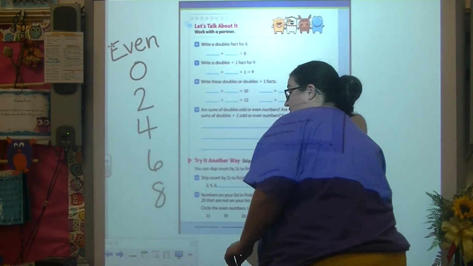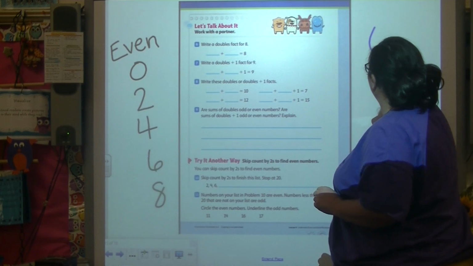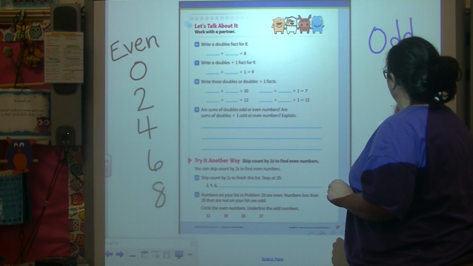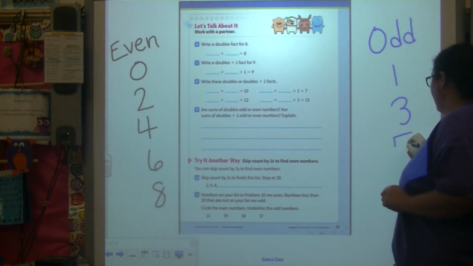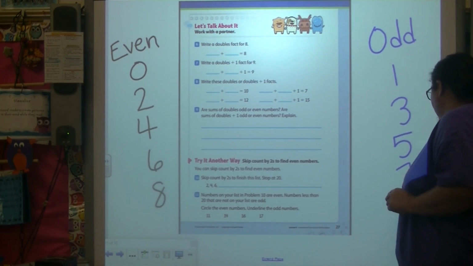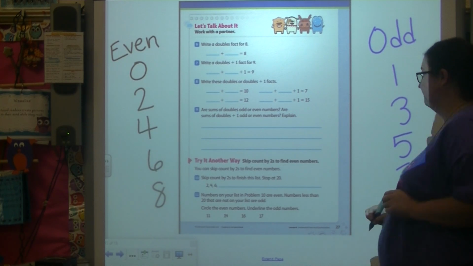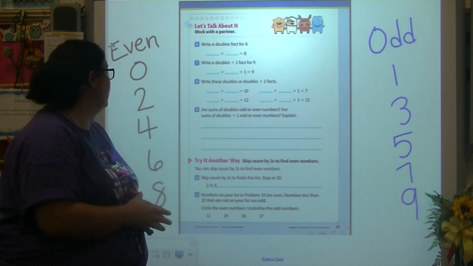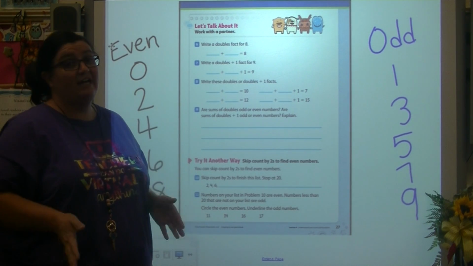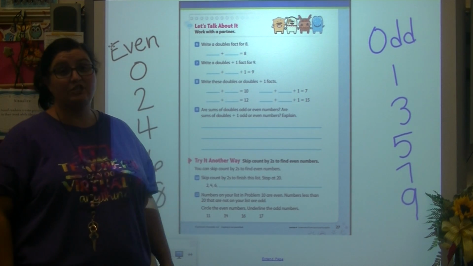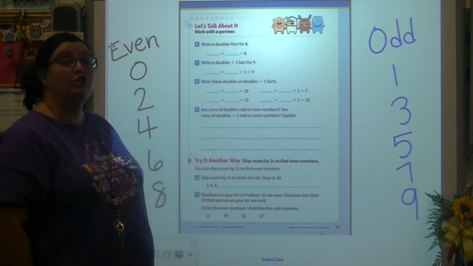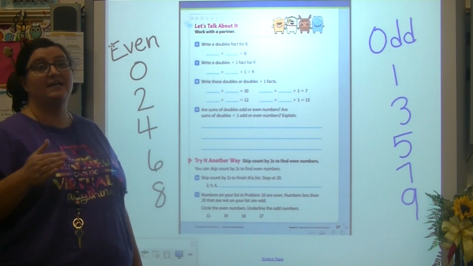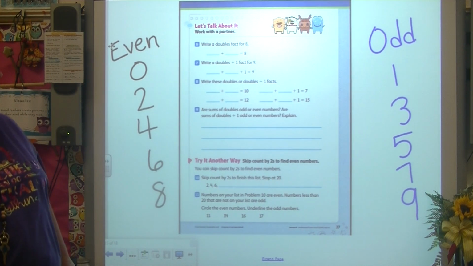And odd numbers, the ones that have that one left over, end in 1, 3, 5, 7, and 9. Whenever we look at a number, if it's more than one digit, where do we look in a two-digit number? We look in the ones place, or that end digit.